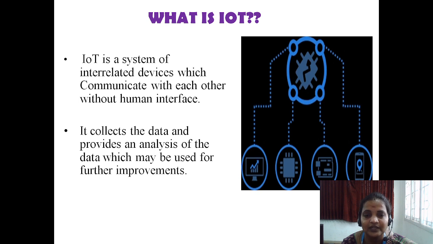That is the main concept here. So this is how IoT works. It collects the data and provides an analysis. Once the data is collected from the various devices, it is stored in the cloud, analyzed, and can be used for further improvements.